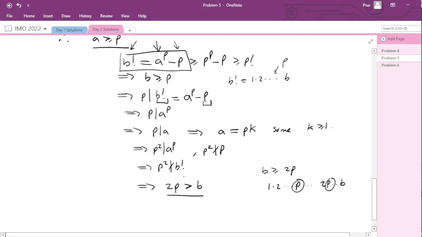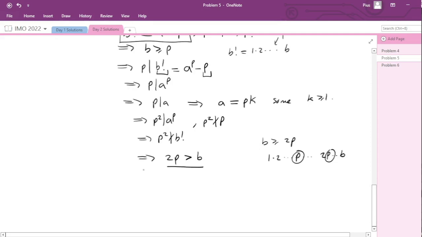So we get this. So this actually creates an upper bound for b. Once we have an upper bound for b, this suggests we can have an upper bound for a as well in terms of p, because suppose a is unbounded in terms of p, then b will have to be unbounded as well, which is not the case. So from this, we suspect we can know something about how big a can be in terms of p.